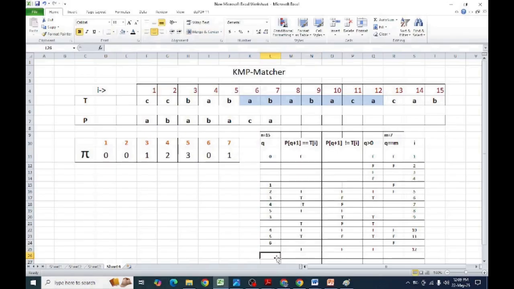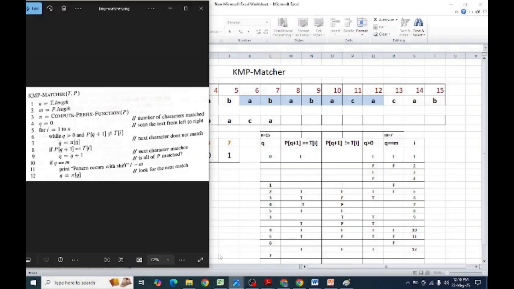Q will be updated to 7, that is from 6 we have reached 7, and now Q equal to M. See, after incrementing, Q is equal to M. Yes, and this is correct.